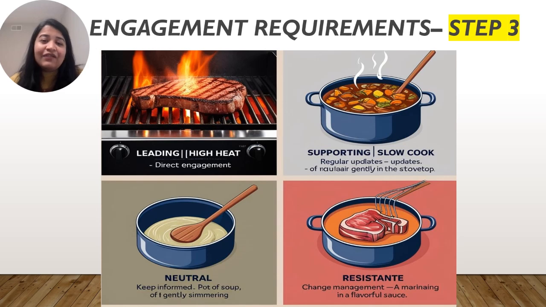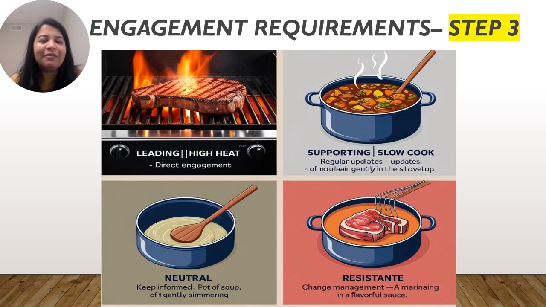The last kind of stakeholder is the resistant stakeholder, who is resistant to certain changes that come in the project. So they are resistant towards change management, which we can understand as needing to marinate certain things before we try to cook them.